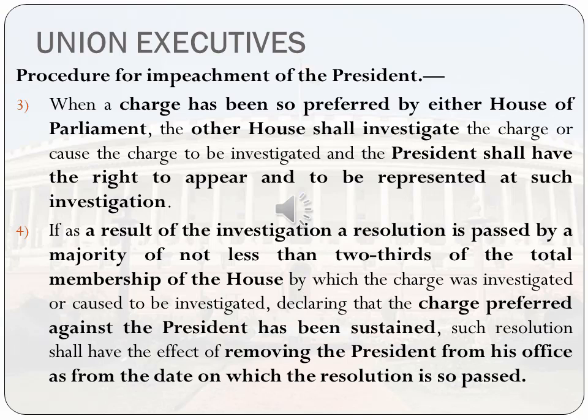If, as a result of the investigation, a resolution is passed by a majority of not less than two-thirds of the total members of the House by which the charge was investigated or caused to be investigated, declaring that the charge preferred against the President has been sustained, such resolution will have the effect of removing the President from his office from the date on which the resolution is passed.